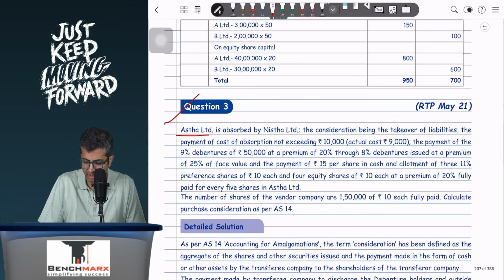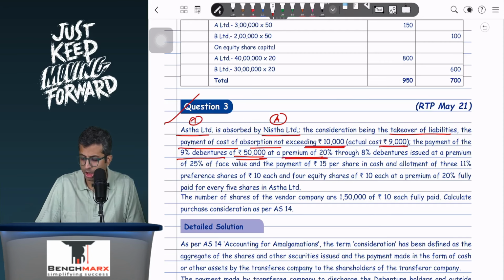Now, Astha Limited is absorbed by Nishtha Limited. So Astha is the target, Nishtha is the acquirer. Consideration being the takeover of liabilities, the payment of cost of absorption not exceeding 10,000, and actual cost is 9,000, and the payment of 9% debentures of rupees 50,000 at a premium of 20% through 8% debentures issued at a premium of 25% of the face value.